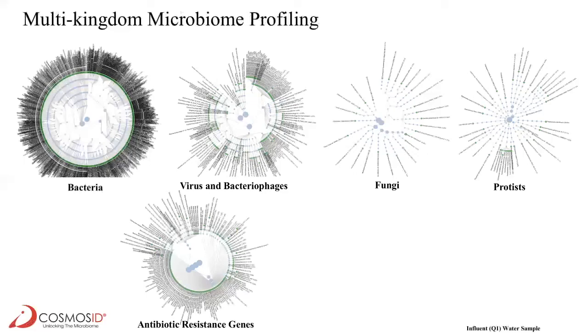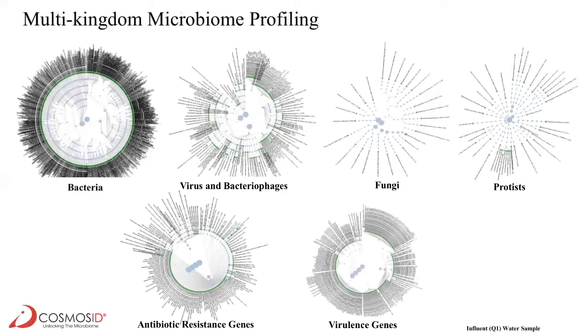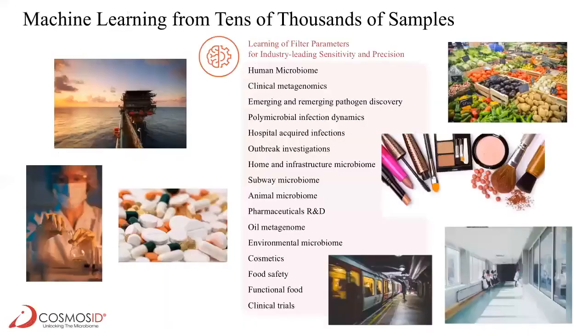In addition to that, it is important to understand the community's resistance, or the consequences of antibiotic treatment that derive from resistant superbugs, as well as to know what the virulence potential of a community looks like. Later on, I will show some examples of how you can use all this information to interpret not only the strain level identification of the community, but also how each of these can be taken together to interpret in a much more meaningful way.